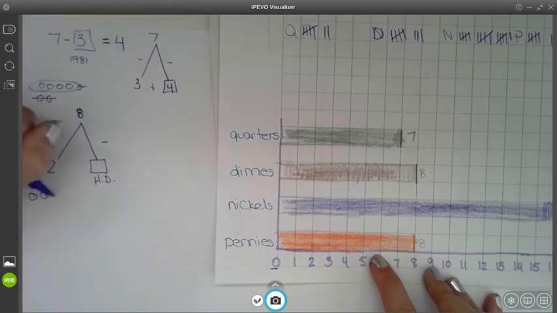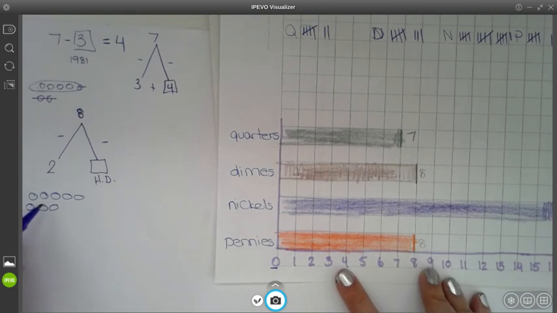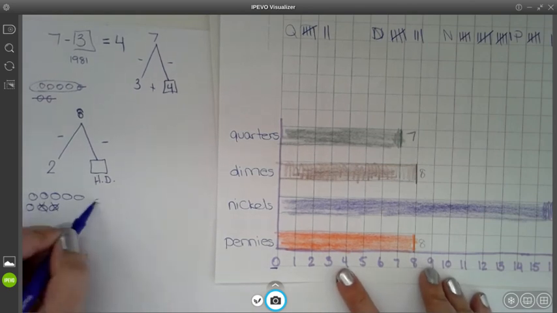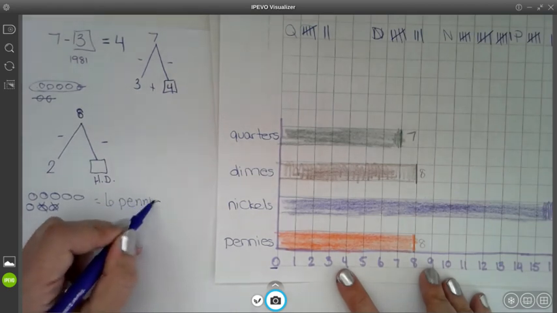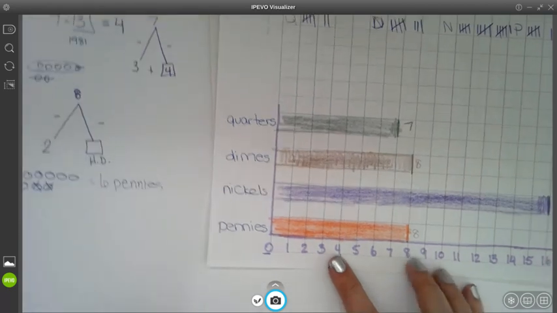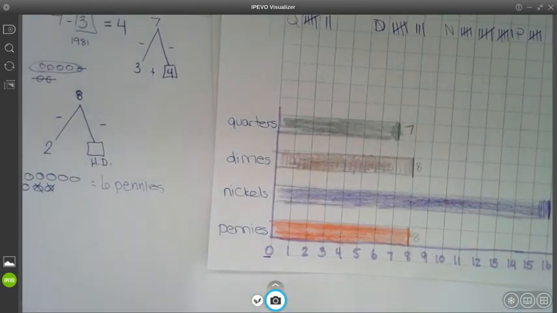I can also make a drawing saying if I have 8 pennies and I have 2 more pennies than I have half dollars, then I could say that I have 6 pennies. So that's different ways that you can just look and read the data that you have right here.